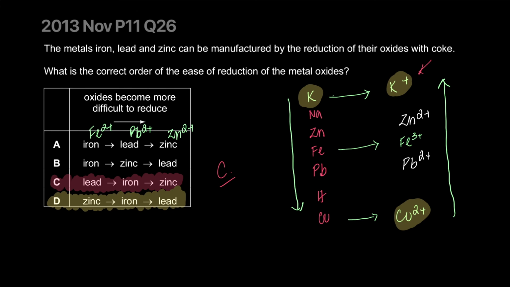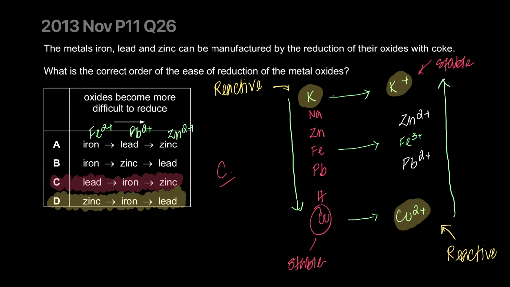Whereas somewhere down here is the least stable, and potassium ion is the most stable. And somewhere here is copper. Depending on what reactivity series or what question you're doing, there are still a few elements after copper, like silver and gold. So those ions would be way more reactive. I hope this makes sense.